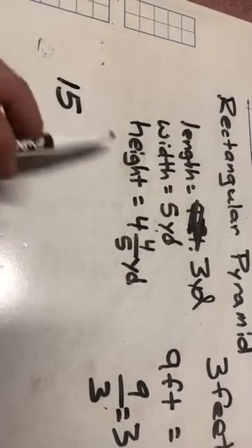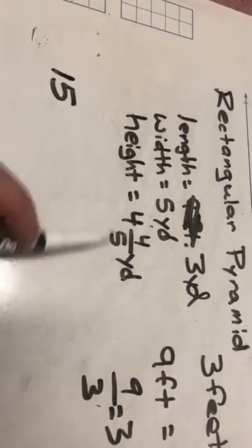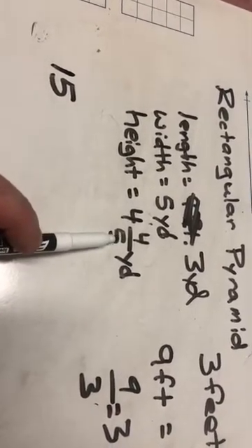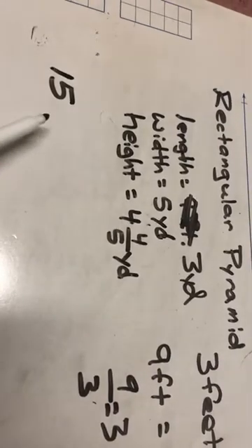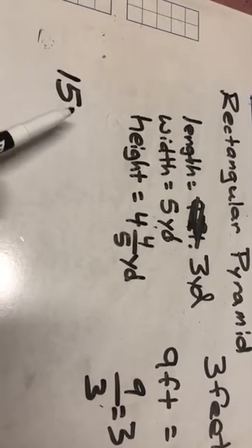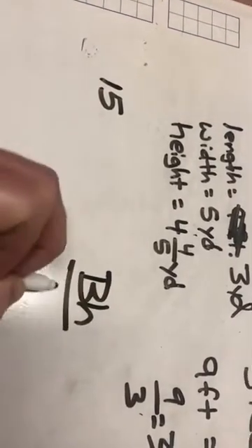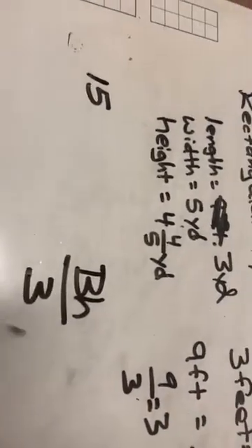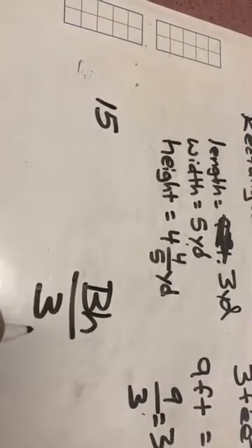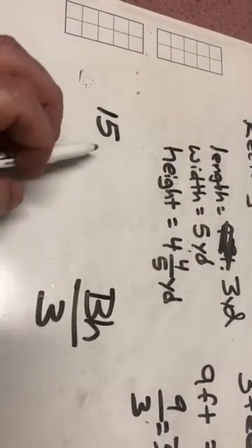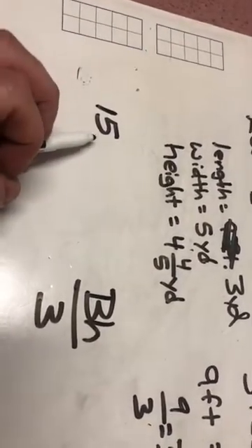And then I'm going to have to take 15 and multiply that by the height, which is 4 4/5. But I'm noticing that 15 is divisible by 3, because remember what the formula is: area of the base times the height divided by 3. Well, just like I did in the previous example, I'm going to make a little shortcut, and I'm just going to divide now.